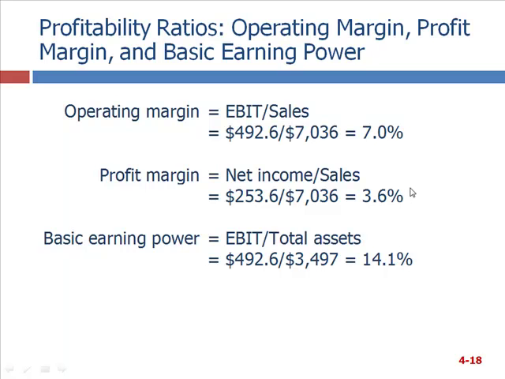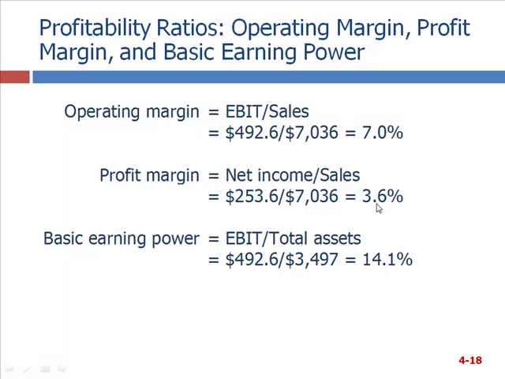We see that its operating margin is 7%, meaning that by the time we get down to EBIT on the income statement, we've already lost 93 cents on the dollar of our sales revenue. We've lost 93 cents of each dollar to expenses, leaving only 7% of that left. And then by the time we get down here to net profit margin, we have lost another 3.4%. We're down to 3.6% of our original sales figure.